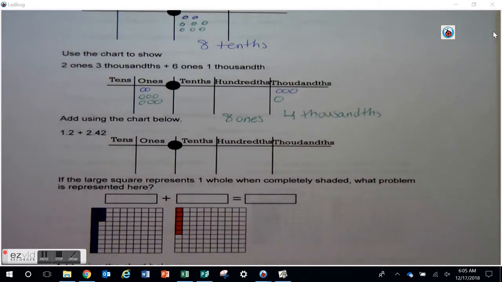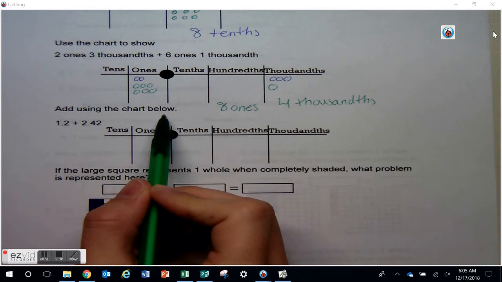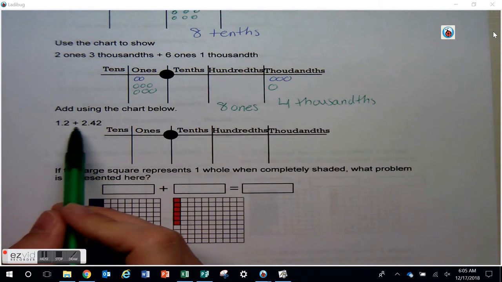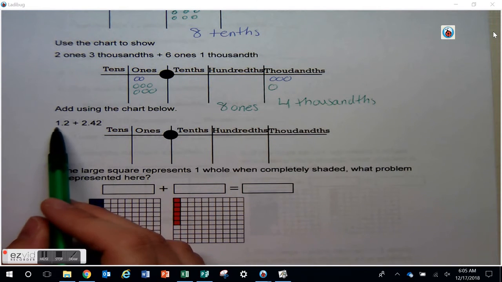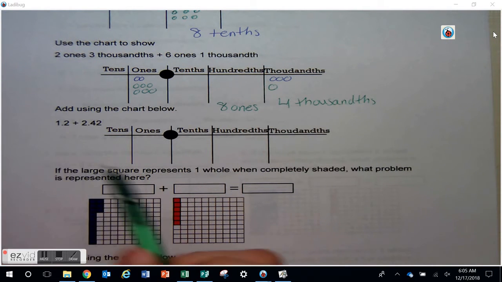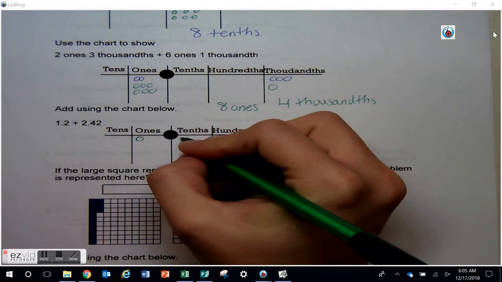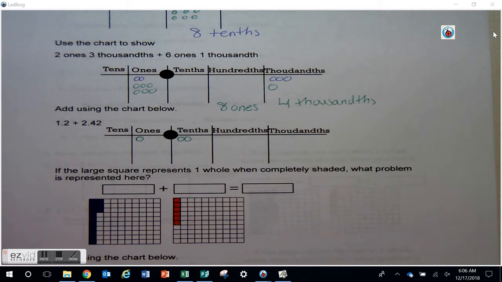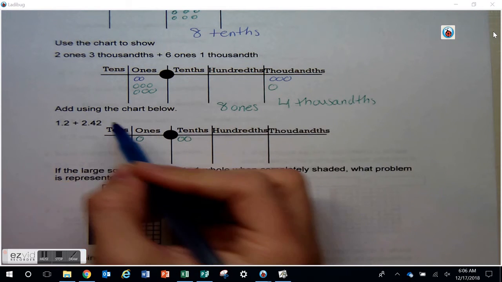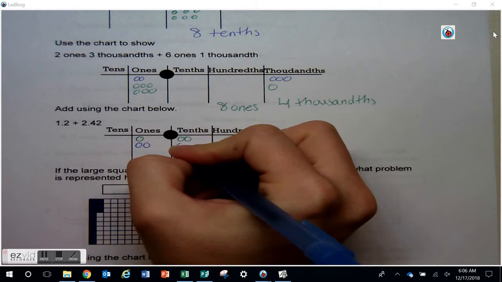Keep it going. Add using the chart below. So now we need to look at these values and see what we have here. 1 and 2/10. So I have 1 one, and I have 2 tenths. Plus 2 ones, 4 tenths, and 2 hundredths.